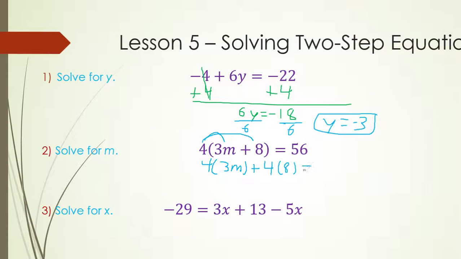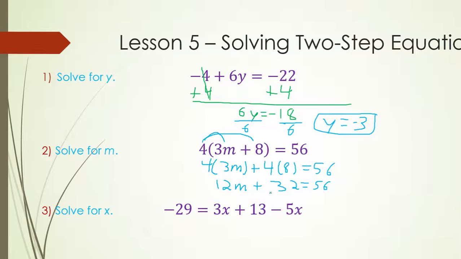And then obviously that equals 56. So first we're going to multiply 4 times 3. So what is 4 times 3? Good, 12. And then we just attach the m to it. So we say 12m plus, okay, 4 times 8. That's going to be 32 equals 56.